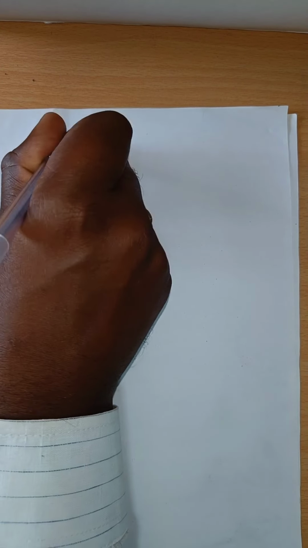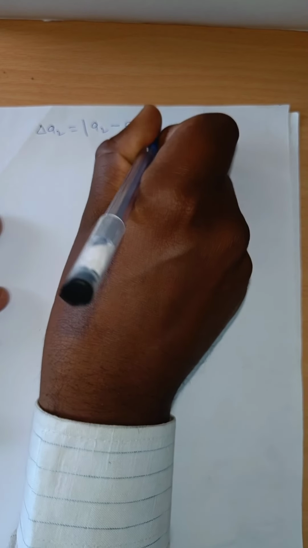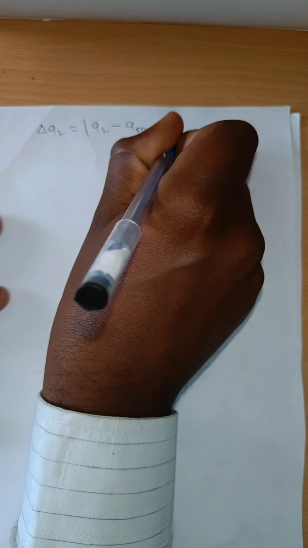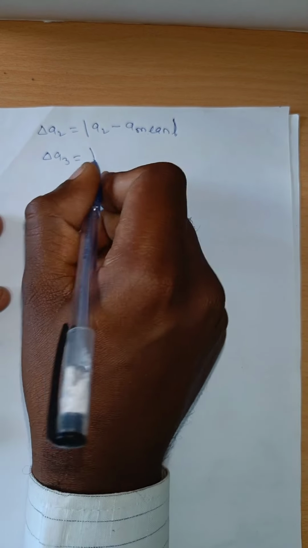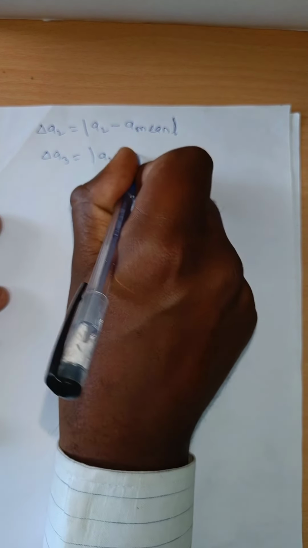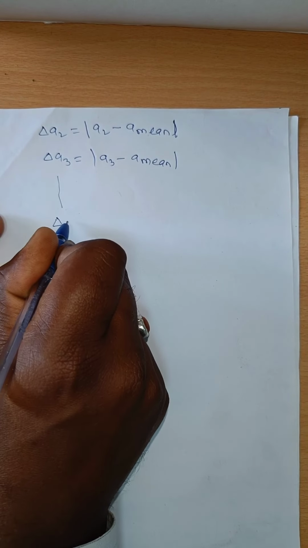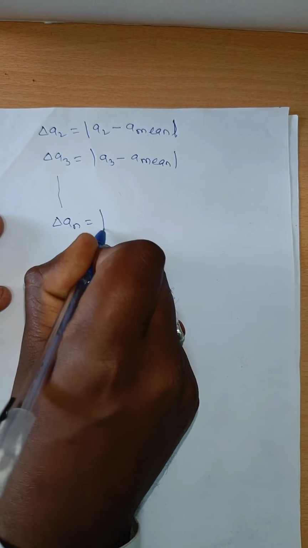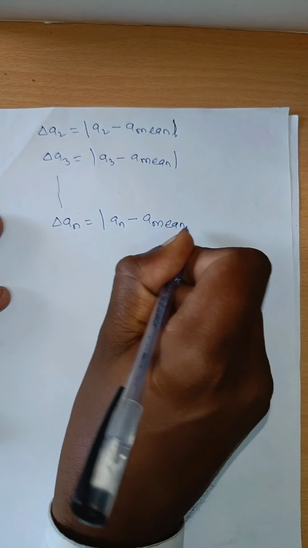Similarly, delta A2 is equal to mod of A2 minus A mean. Then delta A3 is equal to mod of A3 minus A mean, and so on up to delta AN, which is equal to mod of AN minus A mean.